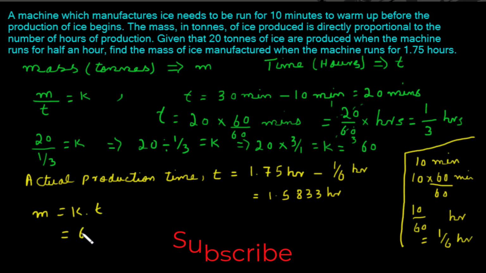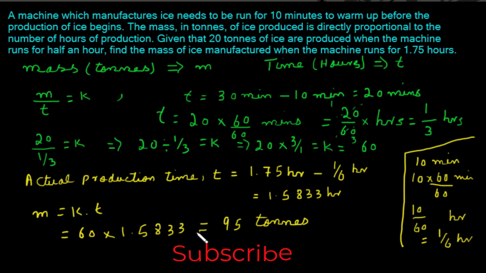So substituting it, 60 times 1.5833, I come up with M equal to 95 tons approximately. So the final answer is that the mass of ice produced when the machine runs for 1.75 hours is approximately 95 tons.